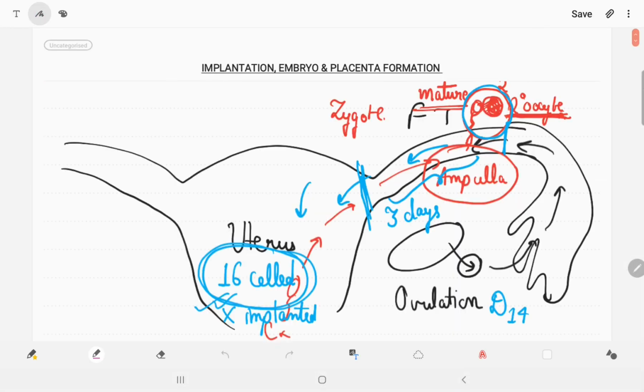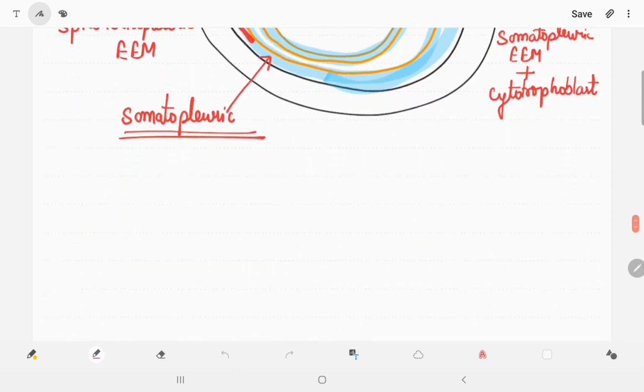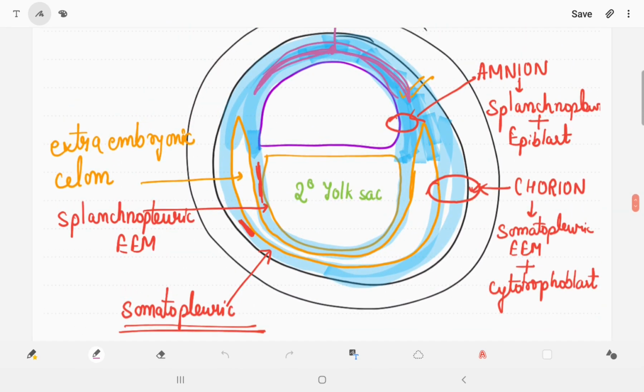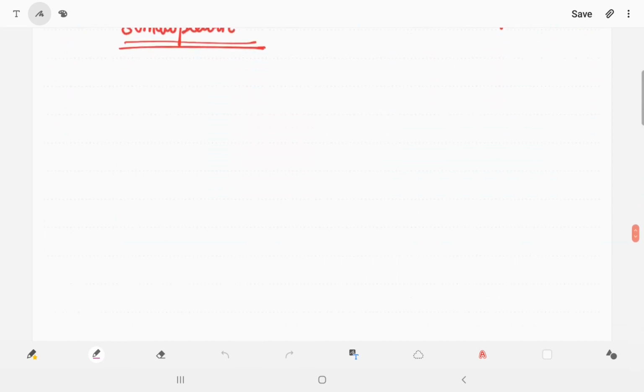So we have completed the embryo formation. Okay. Now let's see what will happen with the cytotrophoblast and the syncytiotrophoblastic layer. Okay. But before that, I want you to know a bit about the uterus of the mother. See, this is the uterus that I'm drawing.